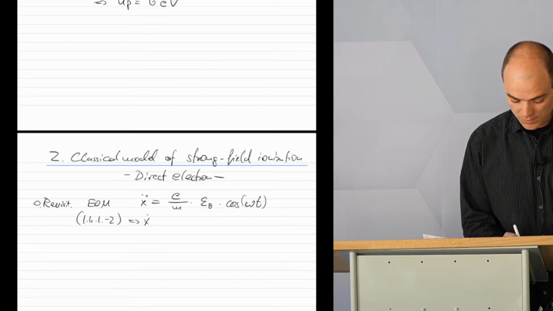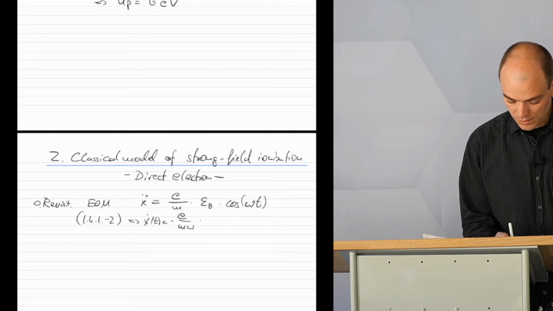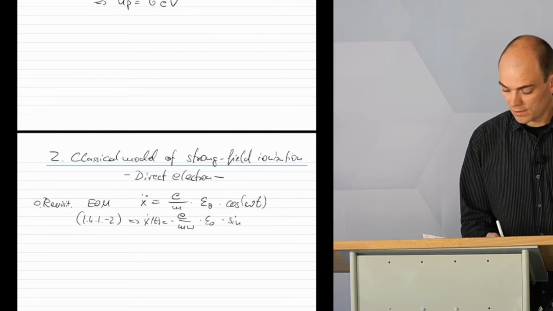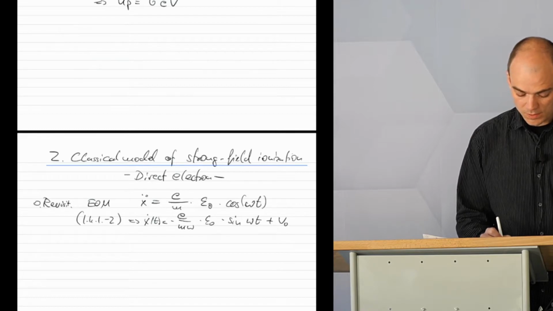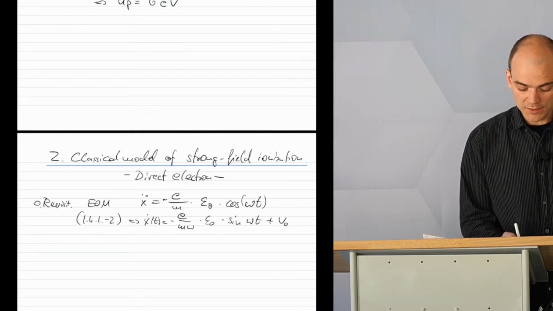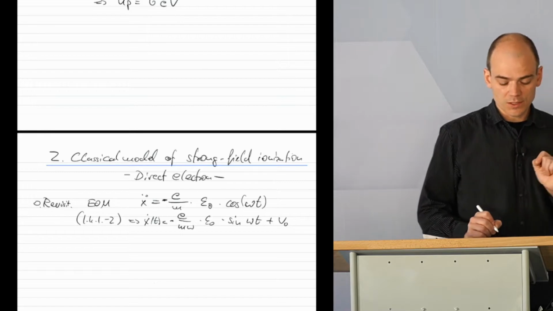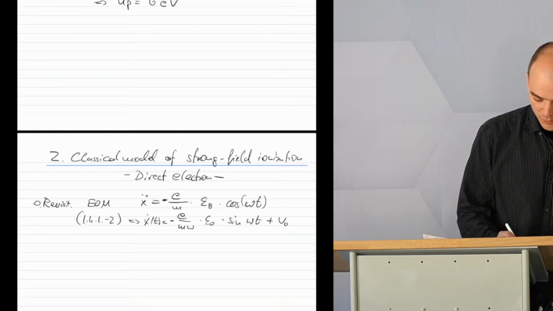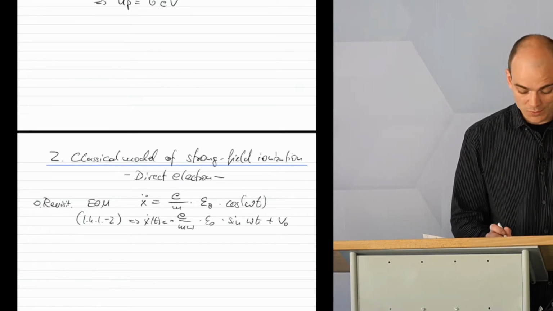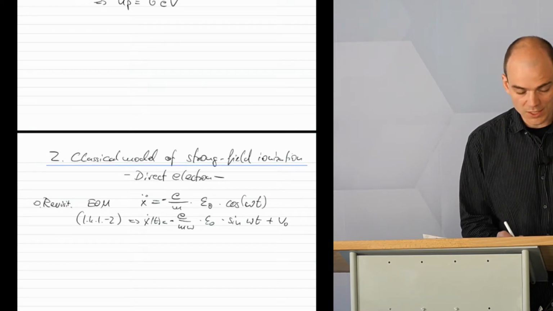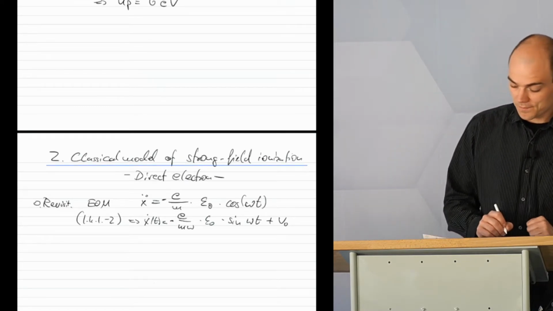x dot of t equals minus E over m omega from the integration. Then the cosine becomes a sine. And here we had minus E because this is the charge. If we integrate the cosine, we get a sine without a minus, so the minus here was correct because the charge of the electron is negative.